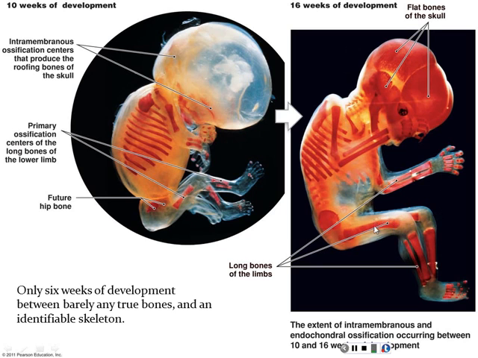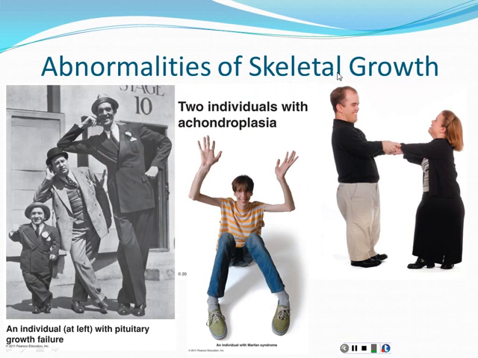Like here, the femur doesn't go all the way to the knee and it doesn't go all the way to the hip. The reason for that is those secondary ossification centers that turn the epiphyses, or the ends of the bone, into bone haven't finished yet. They often don't entirely finish even before birth. So we have a very identifiable skeleton even just at 16 weeks of development.